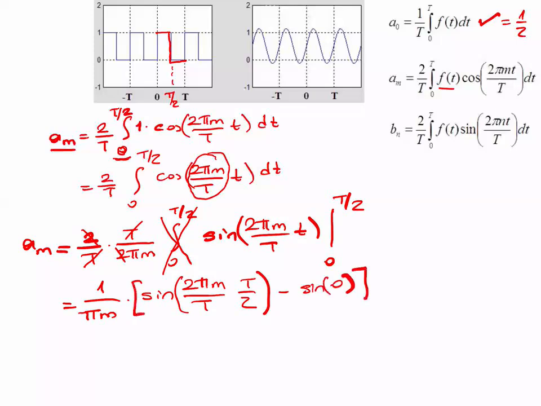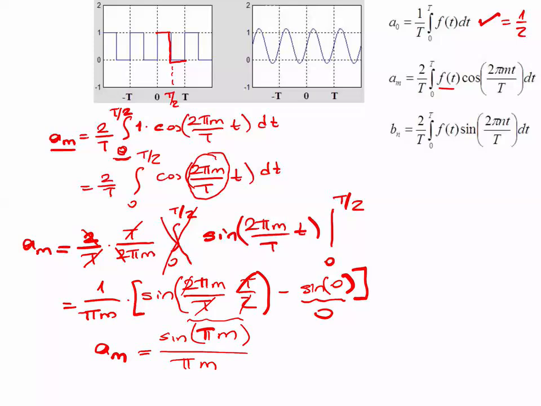So I'm applying an integration, which is going to be equal to, this is 0, this is sine, these T's will go away, and I'm going to get pi m divided by pi m. Okay, so these are A_m's.